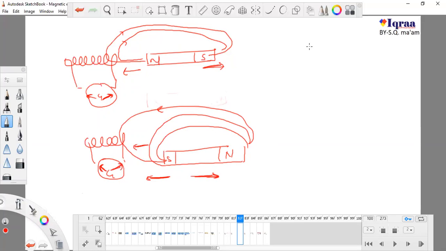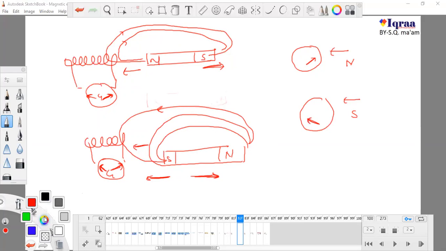So in both cases, if you are making them close, the direction of the needle is this in this case and this in the other case. And if you are making them apart, the direction of the galvanometer is in this direction here and in this direction there. So you can see the difference in direction.